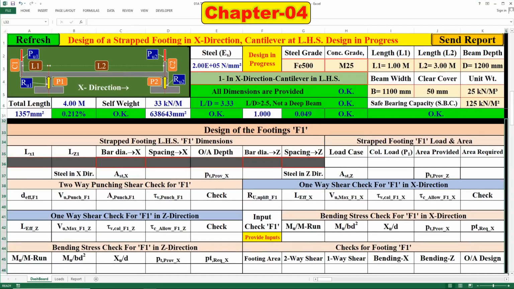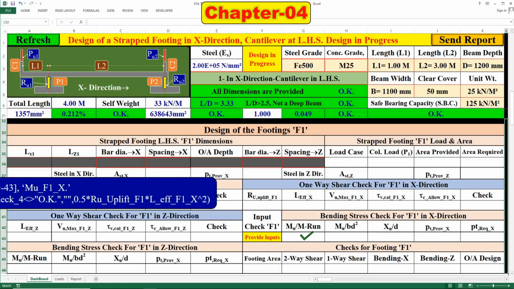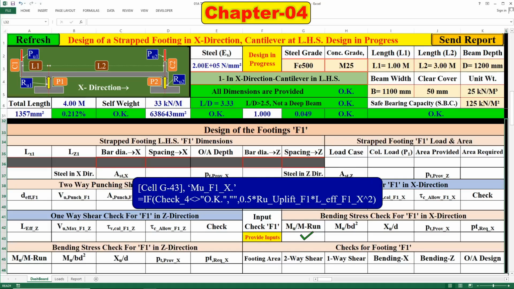Now, in this slide, we are going to calculate the bending stress check for footing F1 in the X direction, within the cell range from G43 to K43. Let's start from cell G43. The defined name of the cell is mu_F1_X.